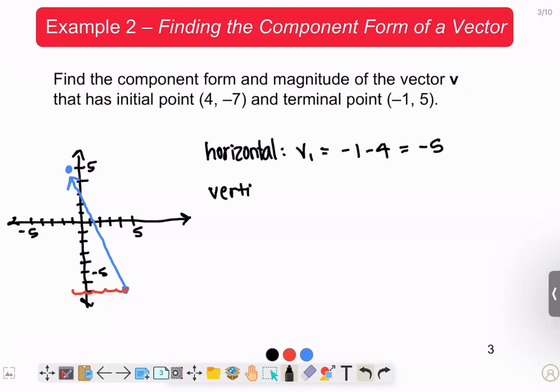Now for the vertical component, we're going to use the y values, and we are going to subtract them also, starting with the terminal point, subtracting the initial point, this time just the y values. So that's 5 minus the -7, which would give us 12. So component form of this vector is <-5, 12>.